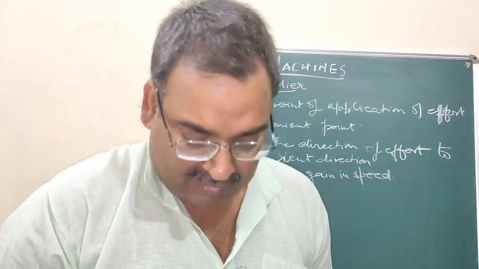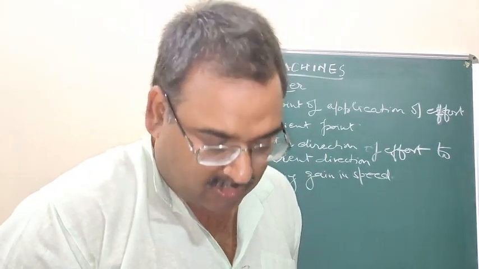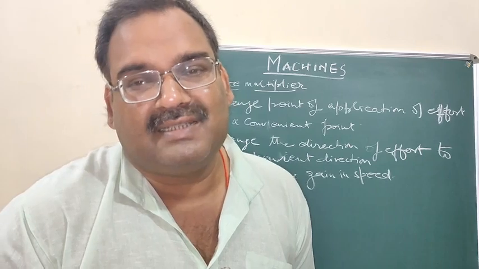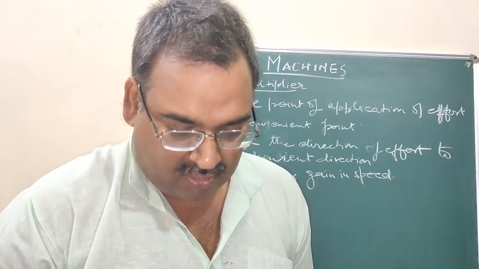The handle of the scissor moves a smaller distance than the blades of the scissor. The blades move a greater distance in the given time than the handles that are moving in the same time. So the speed of the blade is greater than the speed of the handle. As a result, there is a gain in speed. So these are the four functions of machine.